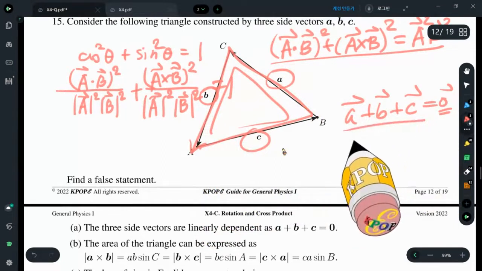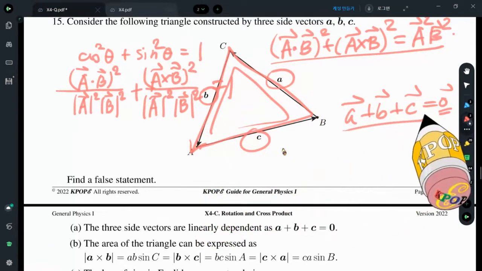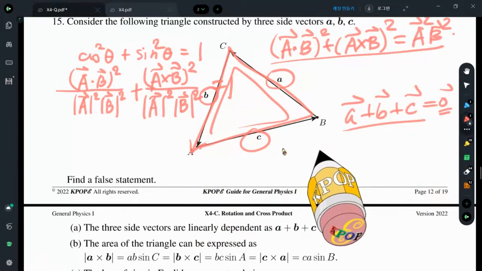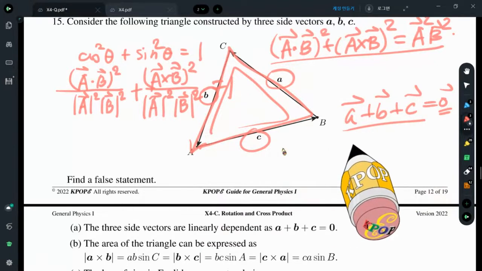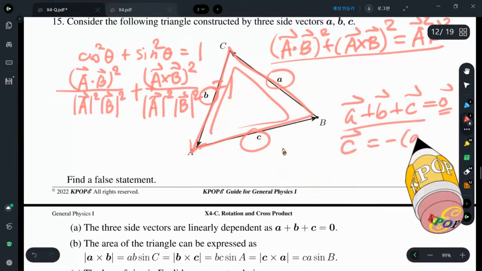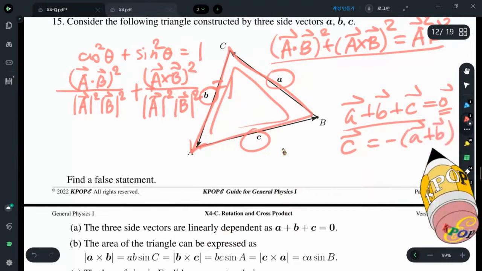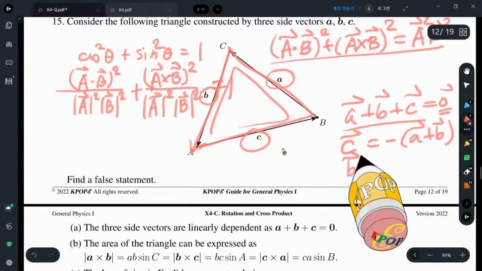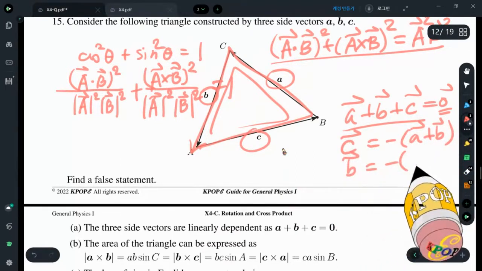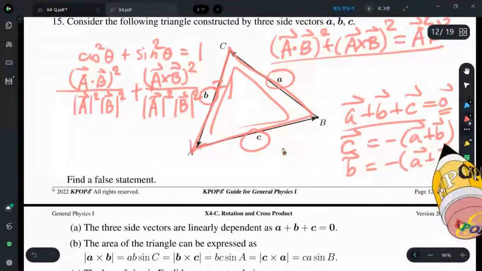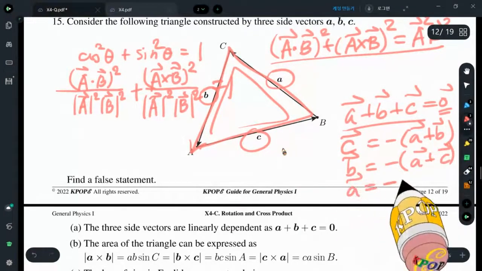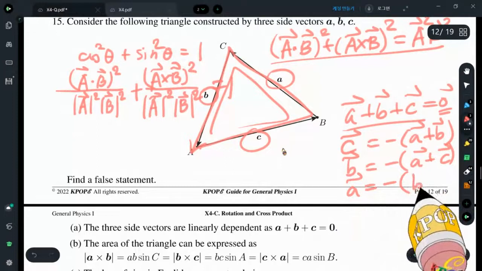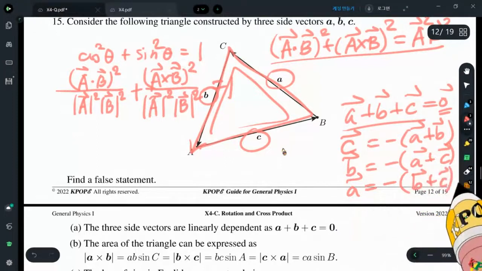So that means only two of the three vectors are linearly independent. So C can be expressed as minus A plus B. B can be expressed as minus A plus C. And A is expressed as minus B plus C, something like that.